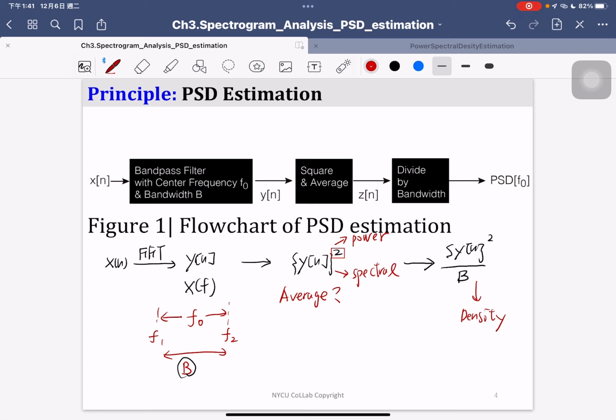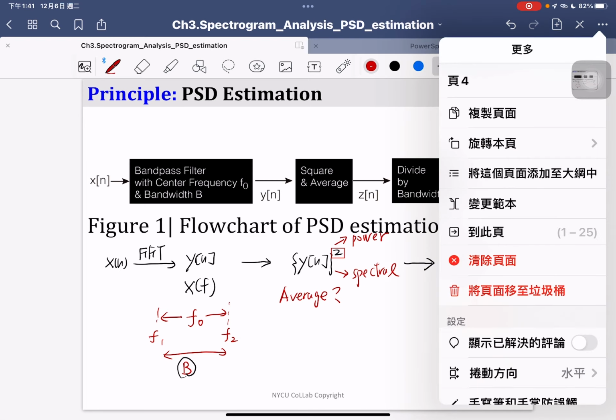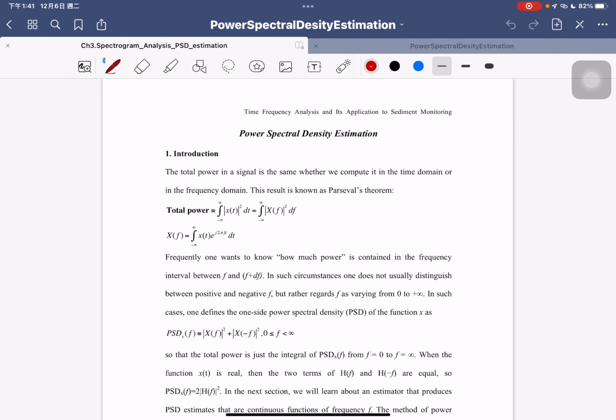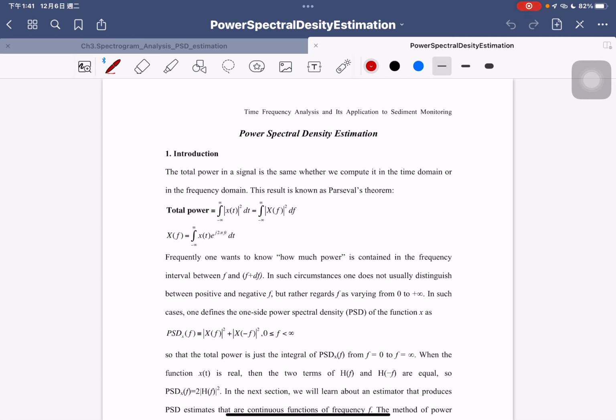Here is the power spectrum density, especially for the frequency center x0 here. Okay. So we go back to see another PDF file, and the PDF file just summarizes the background knowledge and brief introductions about the power spectrum density analysis.